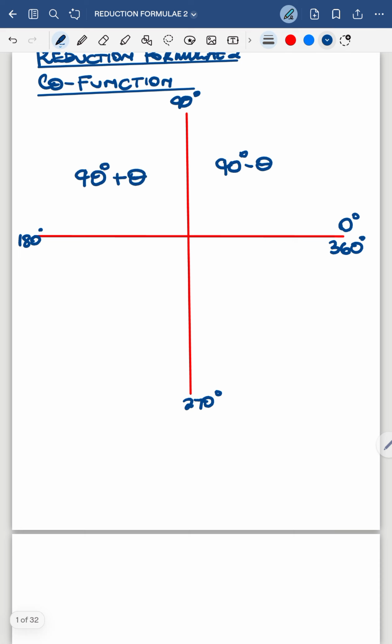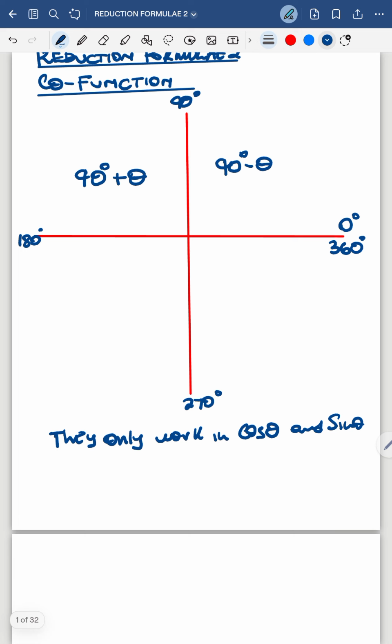These cofunctions only work with cosine and sine. It depends on your angle, it can be sine beta or sine alpha.